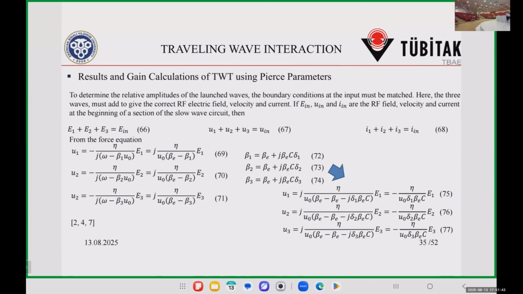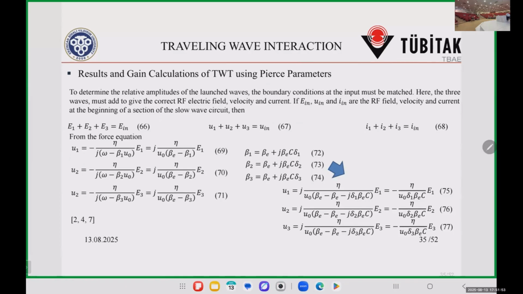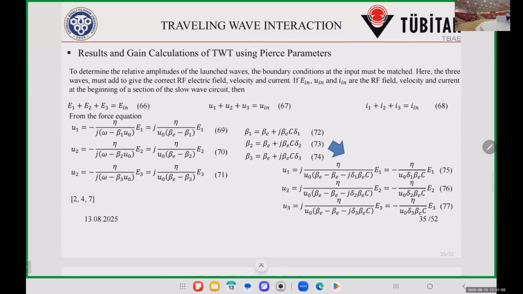So we can write here equation 66 and 67 and 68 at the input of the traveling wave tube. And from the phase force equation, we can write equation 69, 70, 71 here. And if we substitute equation 72, 73, 74 into equation 69, 70, 71 here, then we can obtain equation 75, 76, 77 here.